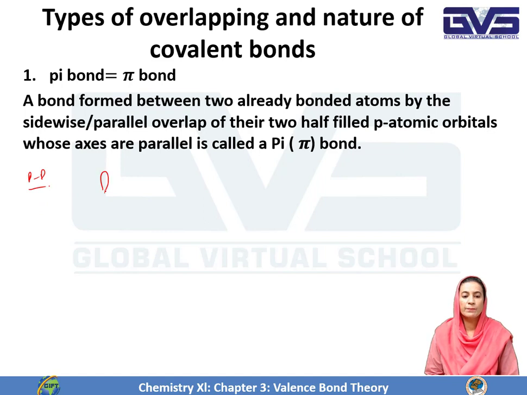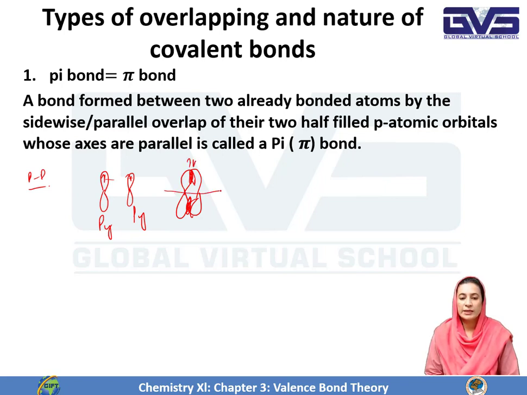I'm naming this one py, and this one is the other py. Now they are joining. Both have one electron, so they will overlap from this region like this. This area is shared, and they have paired spin, with the line joining the two nuclei.